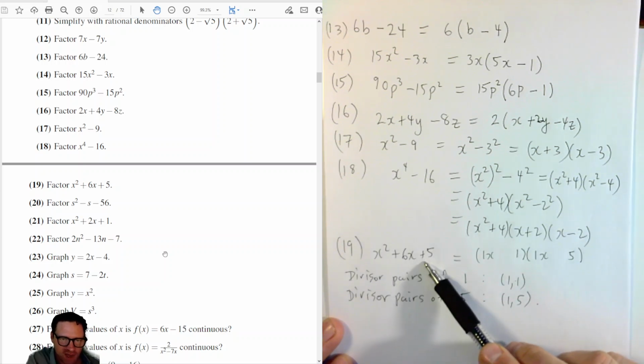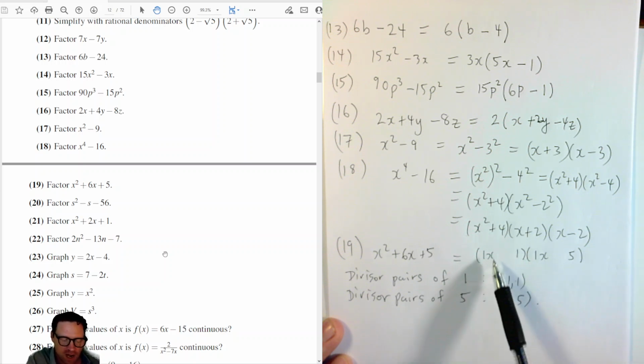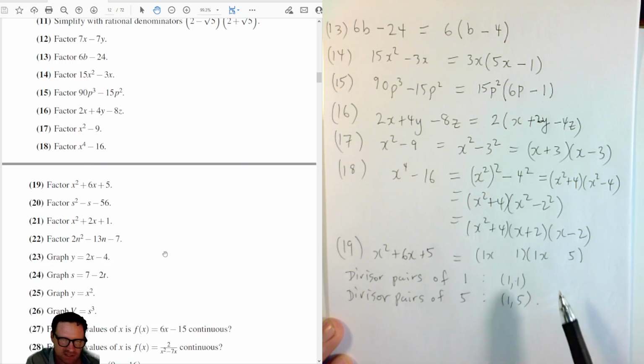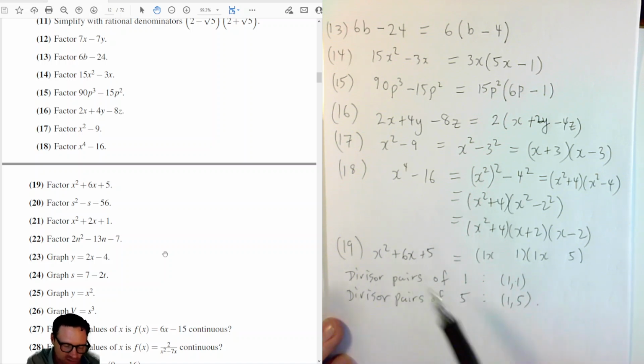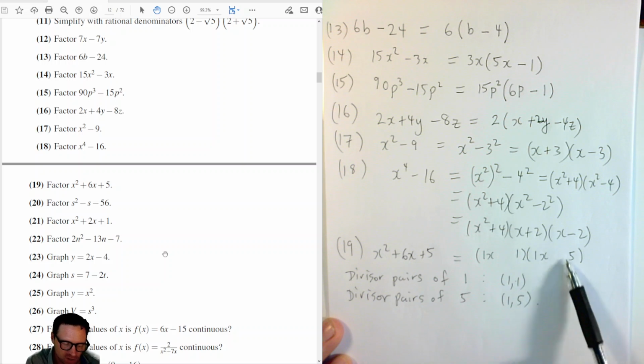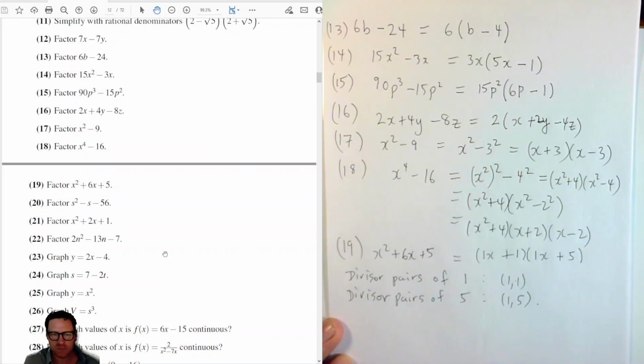Next, I notice that 5 is positive, so that means I should put the same sign here and here, either plus plus or minus minus. But which one depends on the sign of the coefficient of x. Because it's positive, I want both of these to be positive so that the total sum is positive. So I just insert plus, and there's my factorization.